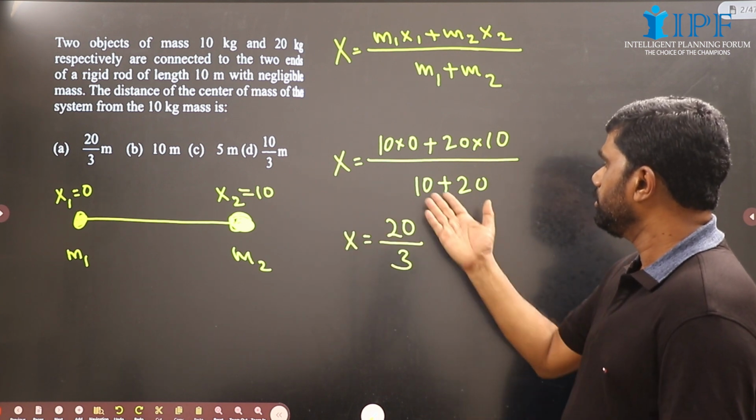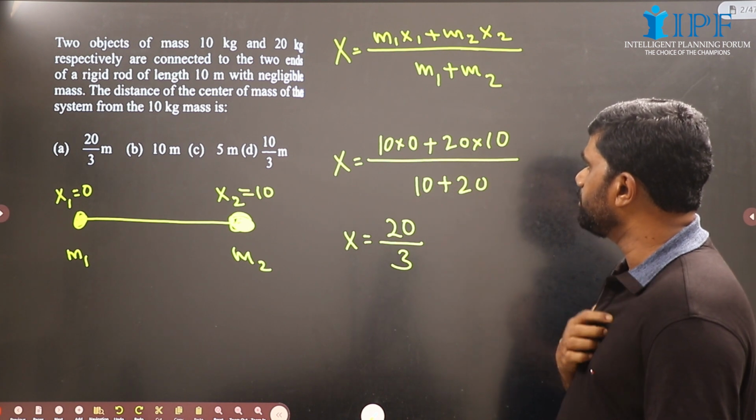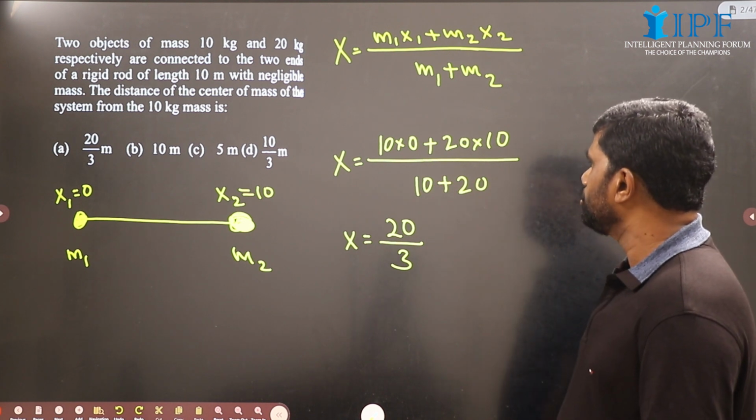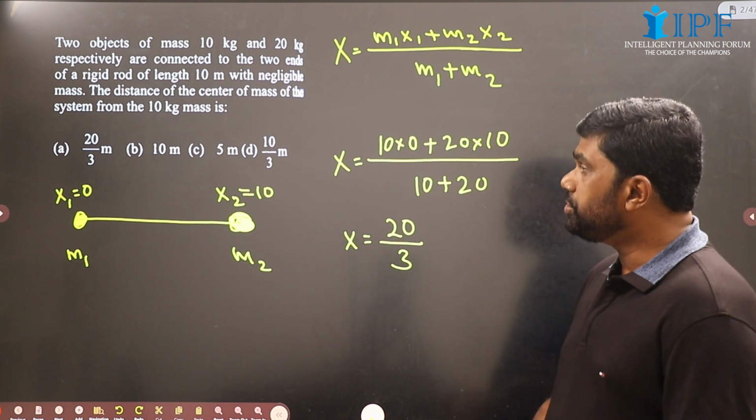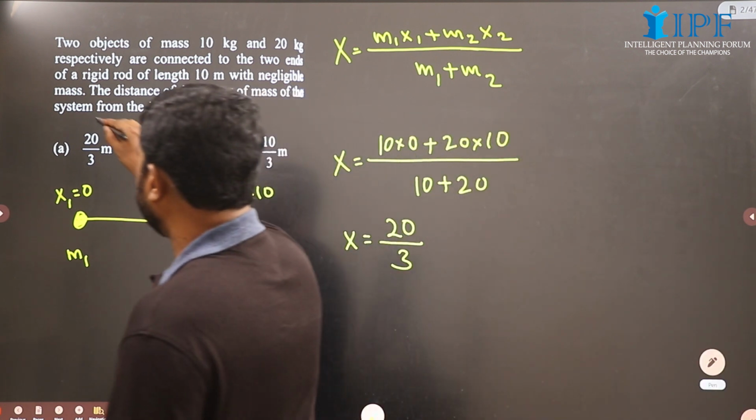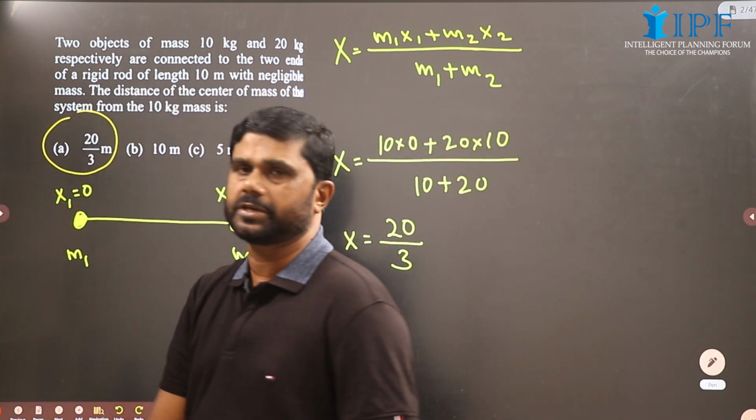In the denominator we will have 10 plus 20, that is 30. So 200 divided by 30, or 20 by 3 meter.